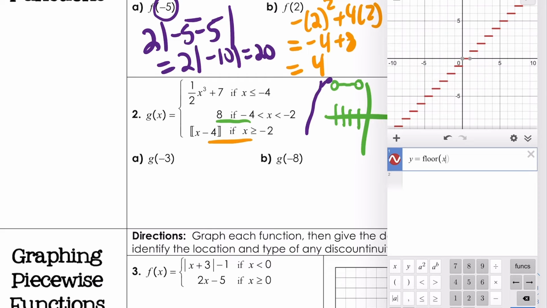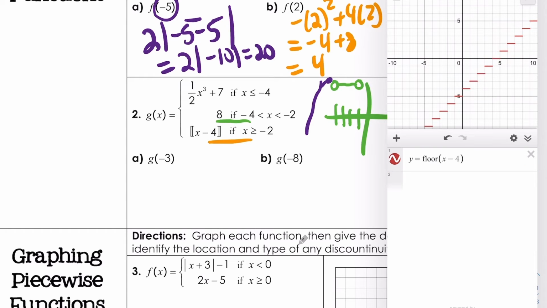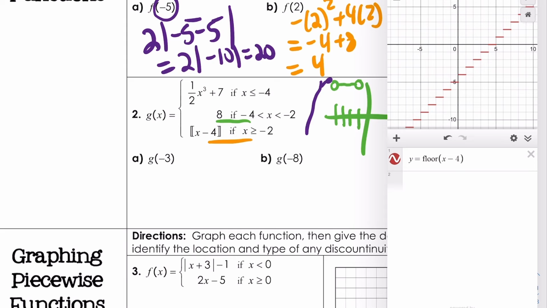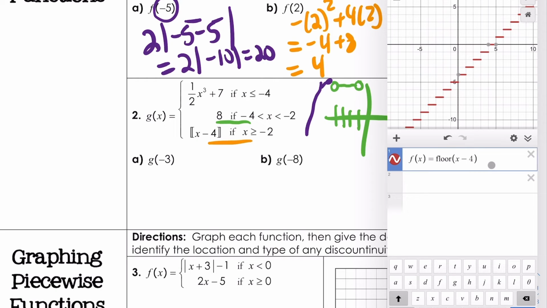X minus 4. Yeah. Whenever you have that double bracket around that x minus 4, that means you're going to have an interval or a staircase, or sometimes called a floor graph. That means it's going to round the numbers to the nearest integer. That's not the important part right now. Right now, we're just trying to plug in these numbers. So let's finish doing that.